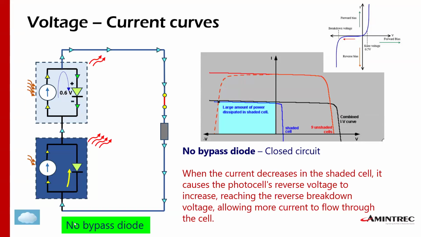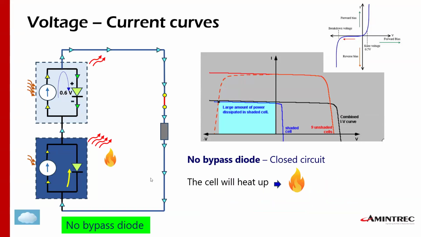Okay, and this is without bypass diode. So my problem now is this situation. What do I do to avoid my cell from heating up during a shading event? Okay, so that's why I'm writing here, the cell will heat up and this will cause a fire.